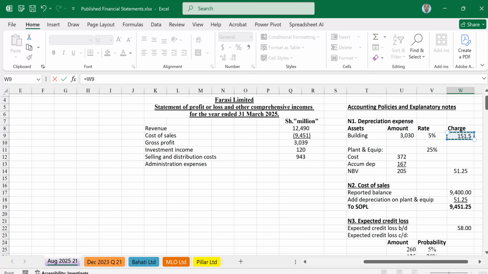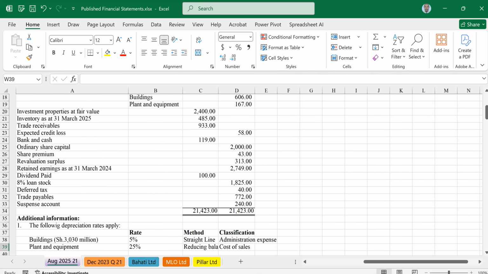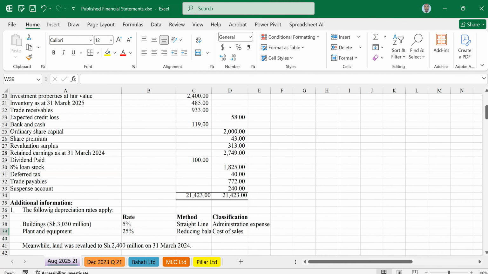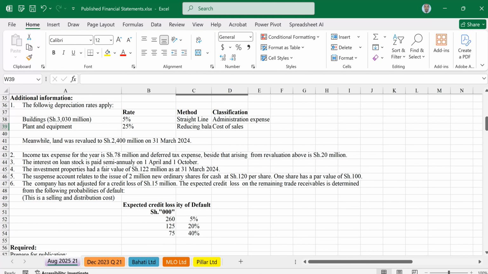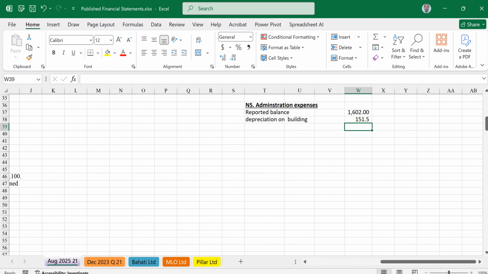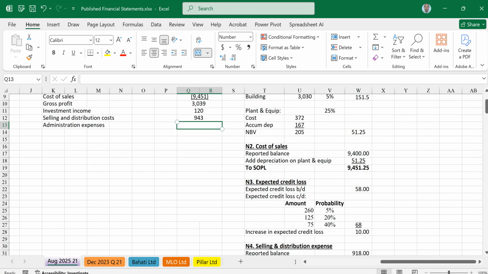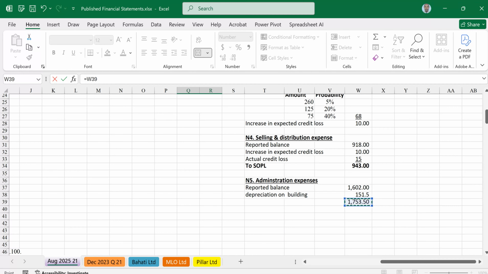Enter. Confirm if any other thing affected administration. Not 1, yes, we have adjusted for that. 2, no. 3, 4, 5, and that is all. Alt equal to add, then it's 1,753.5. So this will be equal sign, then pick your total administration expenses.